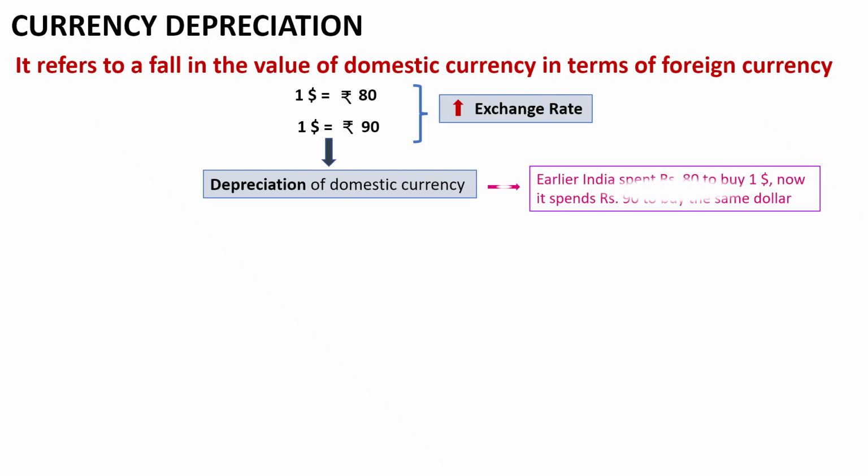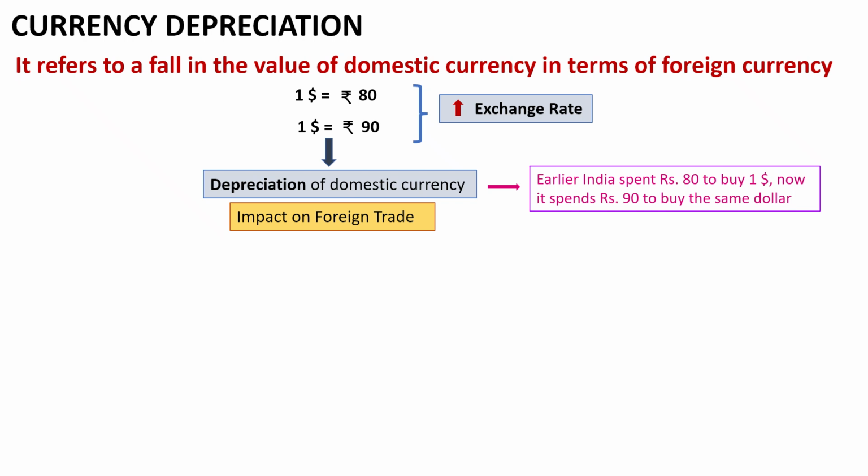Why? Because earlier India spent 80 rupees to buy $1. Now it spends 90 rupees to buy the same dollar. So the value of rupee with respect to dollars has fallen.